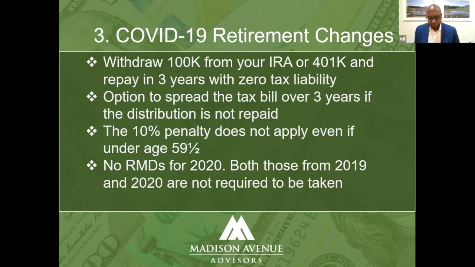So if we're in a crunch, which money do we take first in terms of this COVID situation? So the rule, in my opinion, is to take money that has already been taxed. It's not going to incur a tax bill.